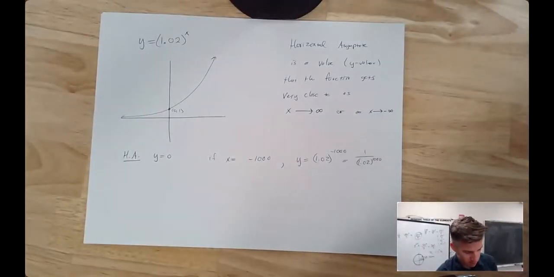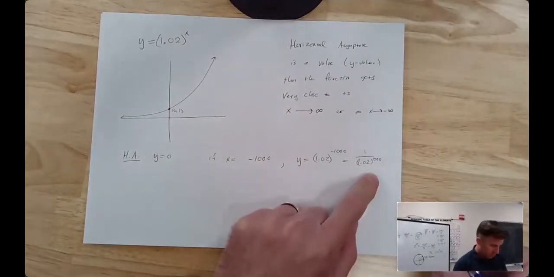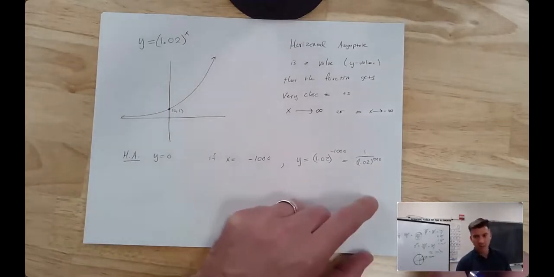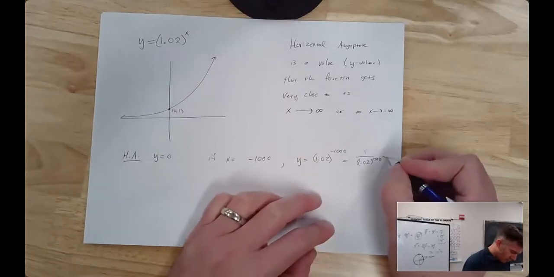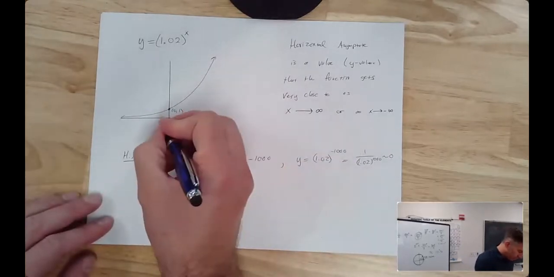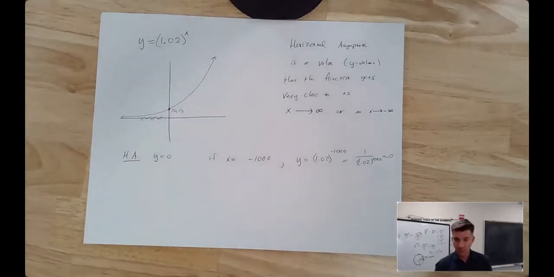Let's pull out the good old trusty calculator. 1.02 to the 1,000 power is about 400 million. So this number here, 1 over 1.02 to the 1,000 power, is about 1 over 400 million, which is very tiny, very close to 0. So as we move out to the left, the y values get closer and closer to 0.